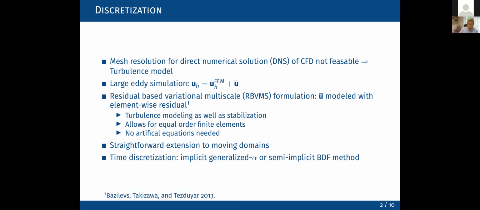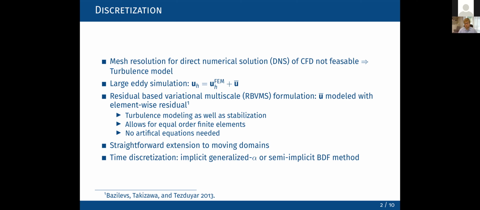And we use the so-called residual-based variational multiscale formulation, which is a certain type of large eddy formulation, where we split up our unknown solution into a representable solution by the finite element method and then a non-representable, thus modeled portion that will be modeled with element-wise residuals. The nice thing about this formulation is it acts as a stabilization as well as a turbulence model.